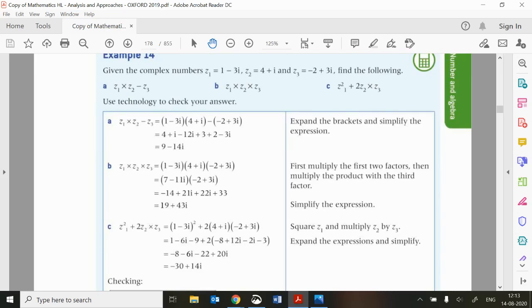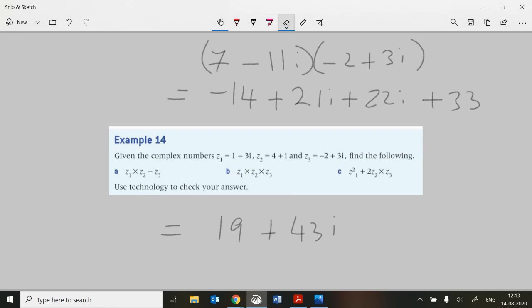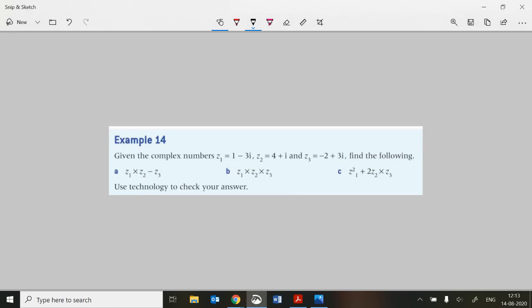Okay, and for the last one then, these are fairly straightforward. So we've got Z1 squared, the square of this, do this, and then we've got 2 lots of the other 2 ones, minus 2 times them together. So we've got 4 plus i, we've got the minus 2 plus 3i.